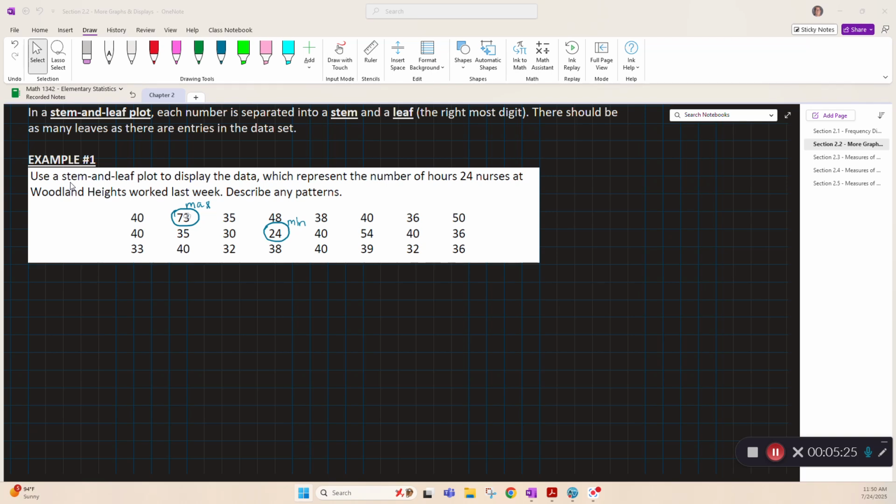And I need to go to my highest stem, which again in our case would be 73. We already said that over here. So we need to go from 20 to 70, but I can't skip anything. So I can't go, oh, well, I don't have any 60s, so I'm going to skip 60. No, no, no. I cannot skip anything.